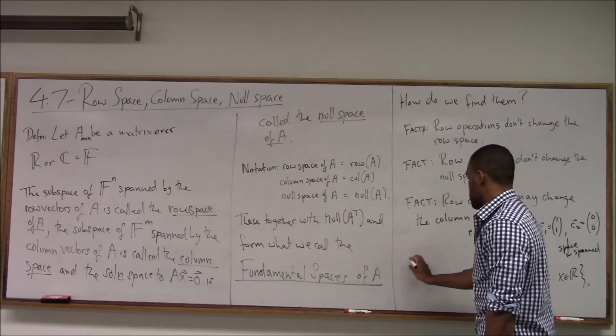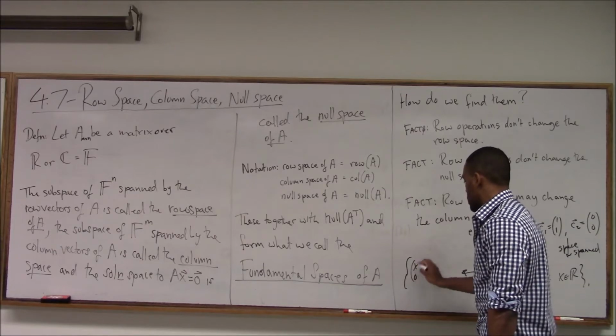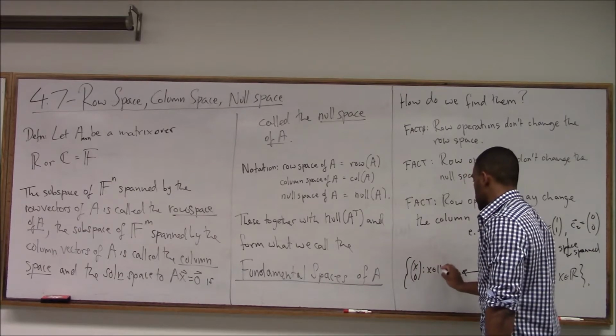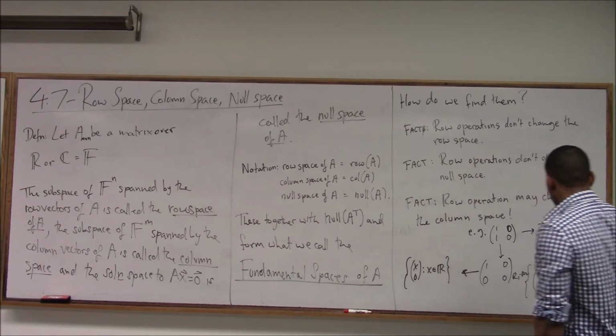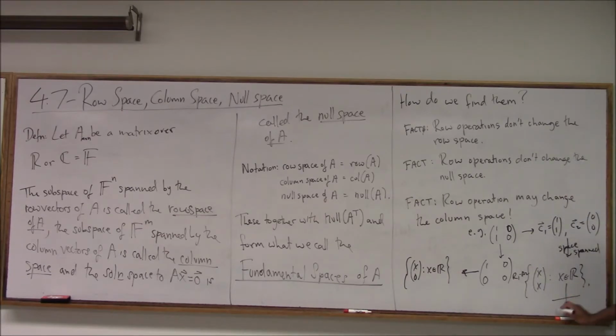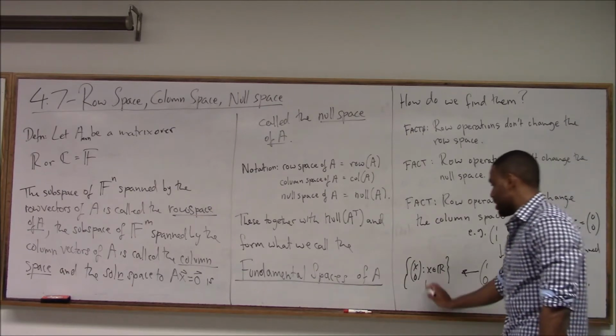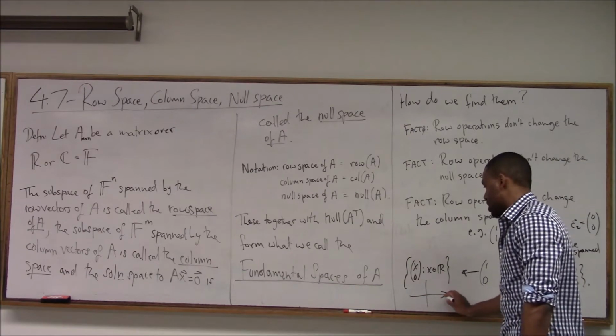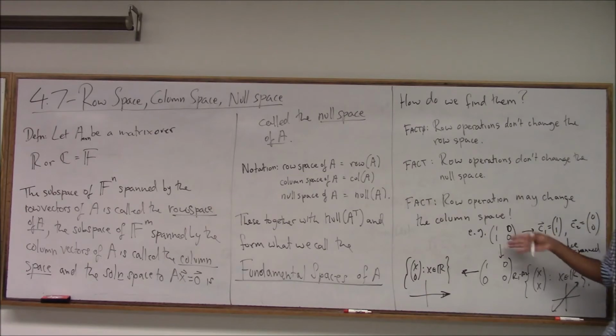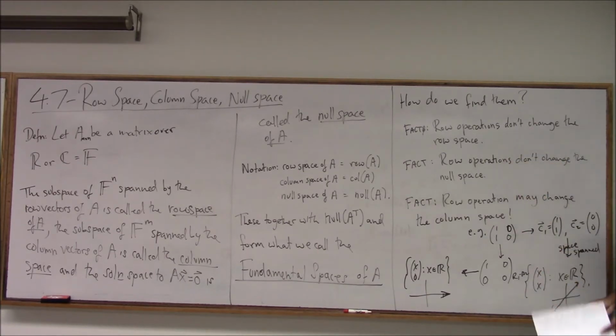So this would span things like (x, 0) such that x is a real number. So in one case, the column vectors spanned anything along the line y equals x. However, doing a row operation killed that, and now it only spans anything along the x-axis. So row operations can affect your column space, but they won't affect the row space or the null space.